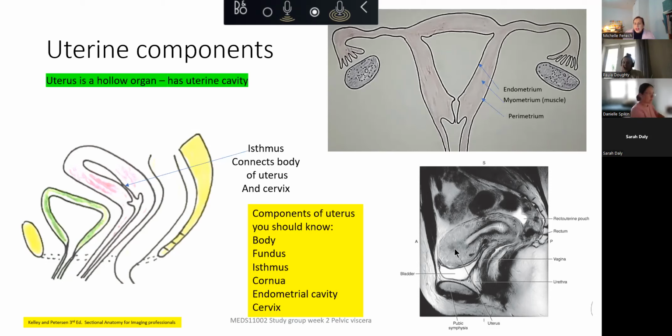What am I outlining here? What part of the uterus would you say this arrow is pointing to?